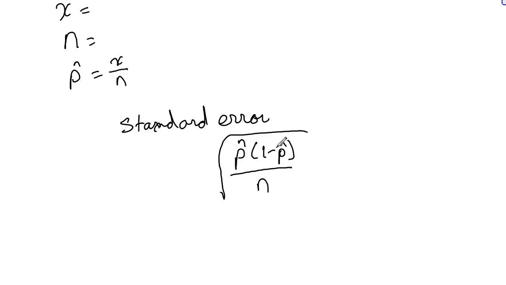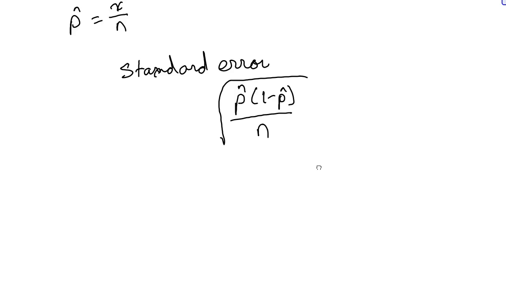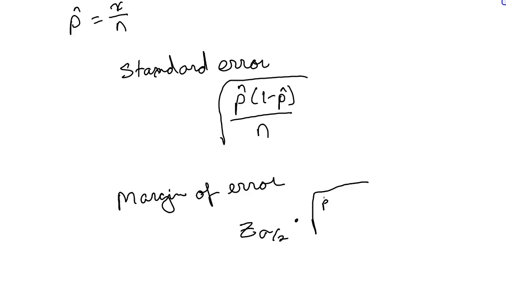This is like finding the standard deviation and taking the square root of it. And then for the margin of error, we're going to multiply that by the z alpha divided by 2. And so we're going to take P hat times 1 minus P hat divided by N. Okay?